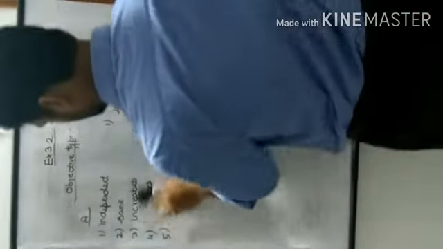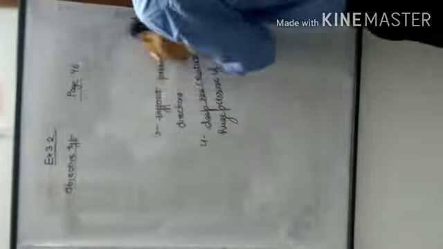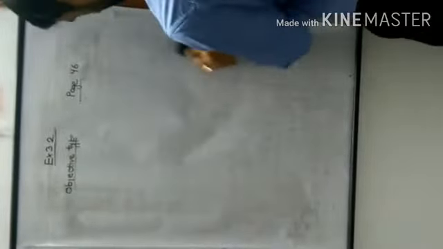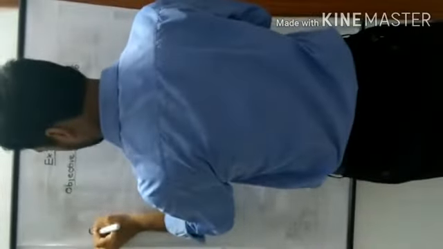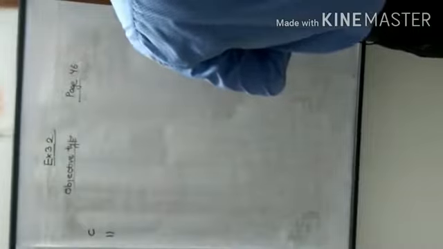Then true and false statements. That's the C part. How to do this one? Write true or false. C part. More the density of liquid, less the pressure.